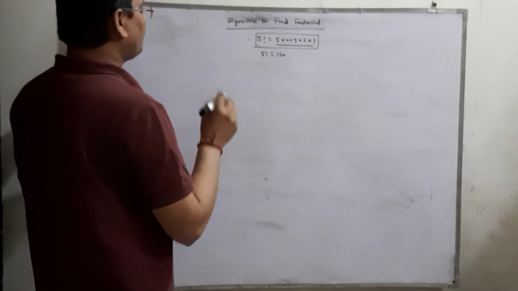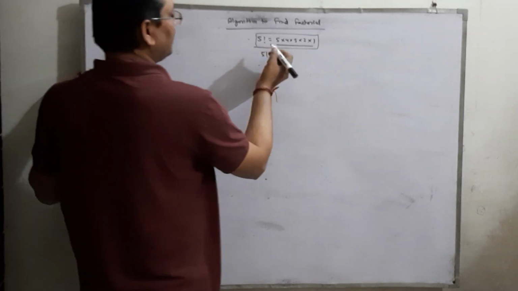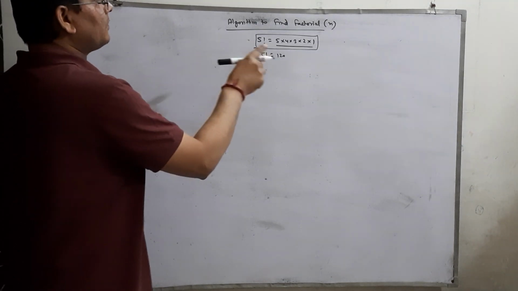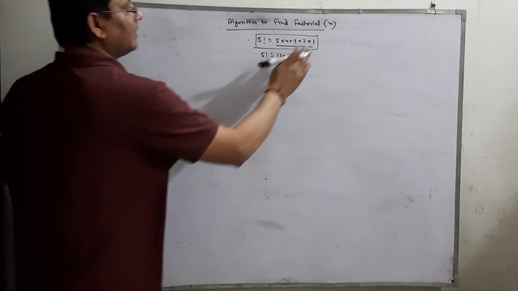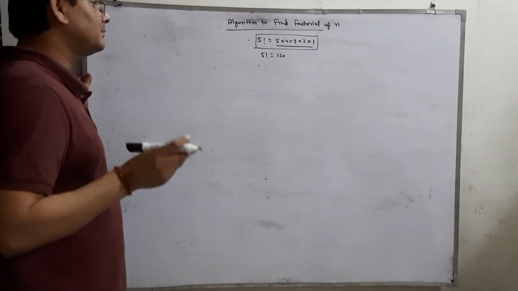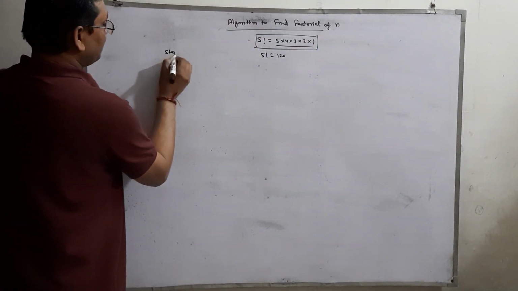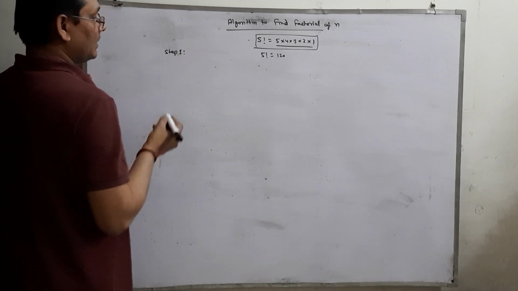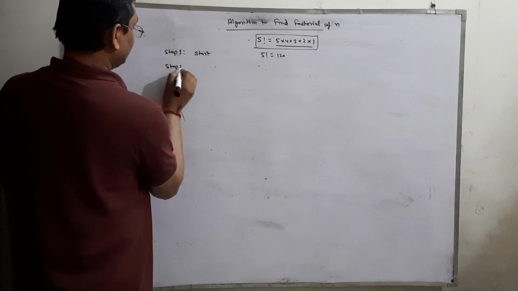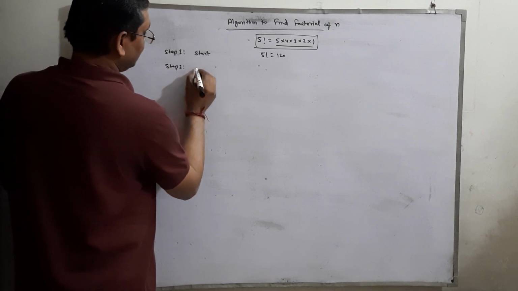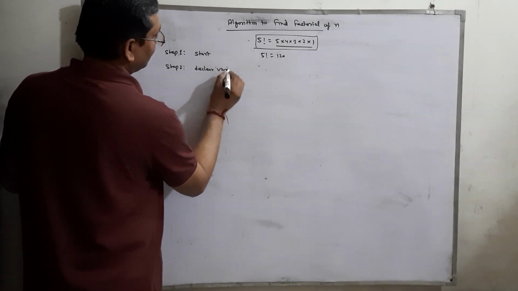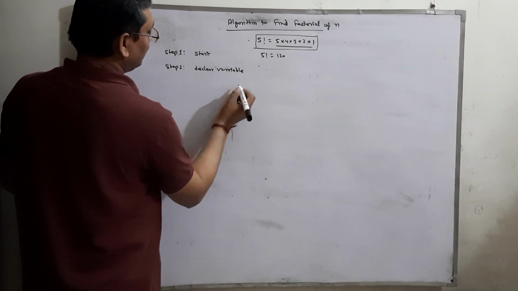Here, we have to find the factorial of 5 or n, whatever. That can be n. Let n be the number whose factorial I'm going to find. n can be 5, 7, whatever. Step 1 is start. Step 2, declare variables.